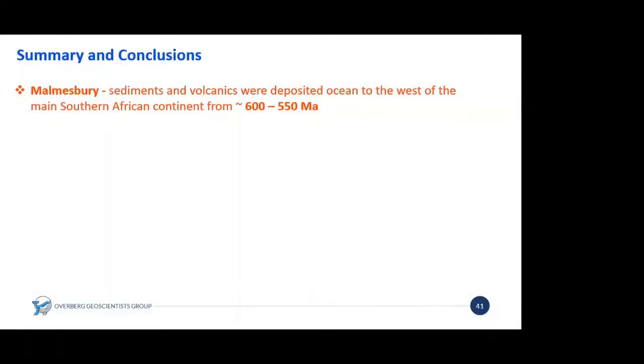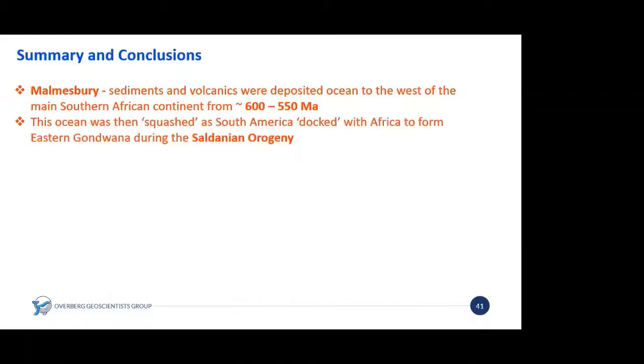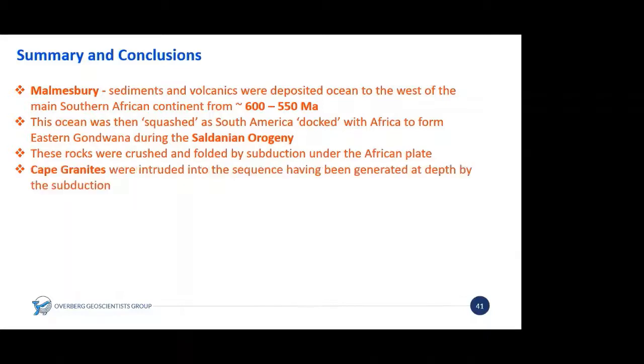Malmesbury sediments deposited in what's called the Adamastor Ocean to the west of the southern African continent at roughly those times. Docking of South America during the Saldanian orogeny. As we've seen, there's a lot of folding and a lot of deformation of the Malmesbury series rocks.